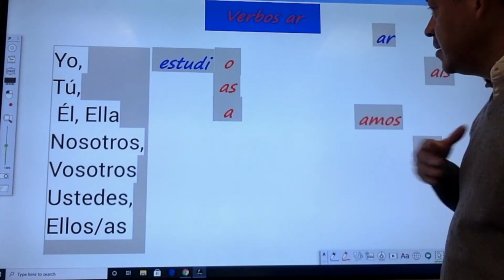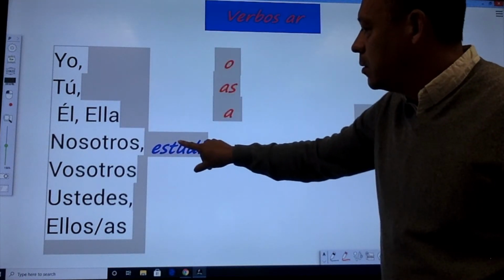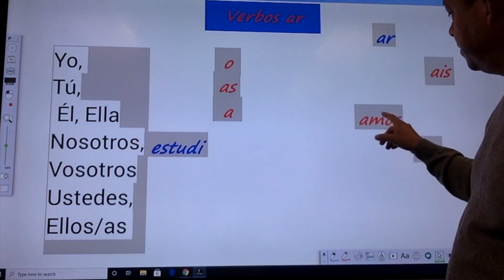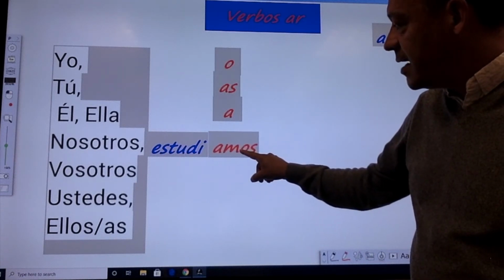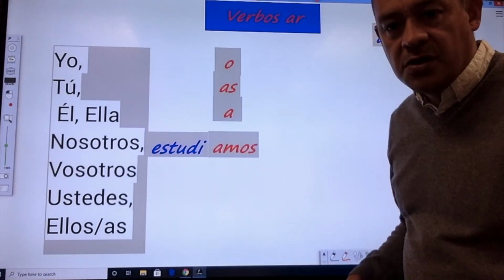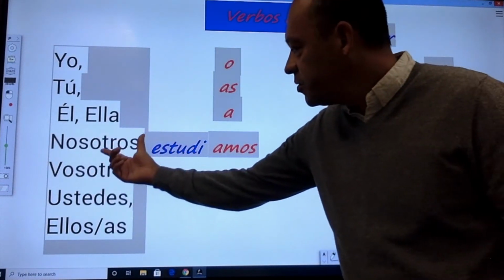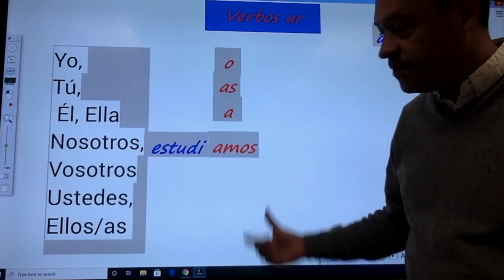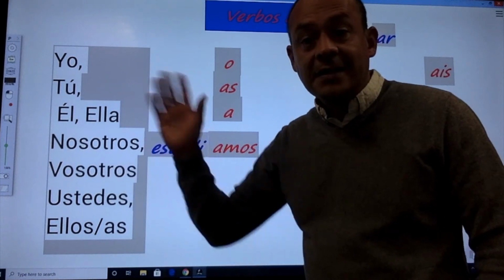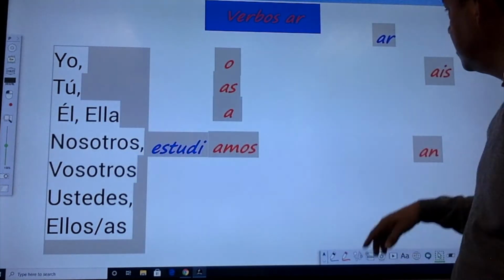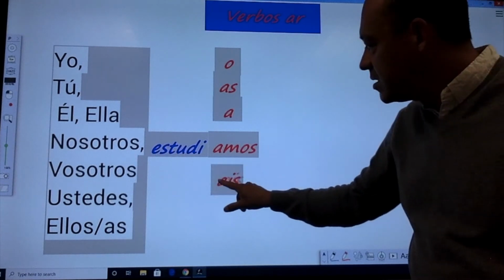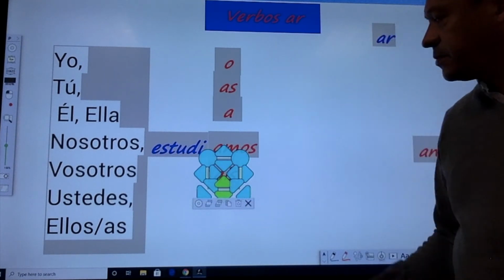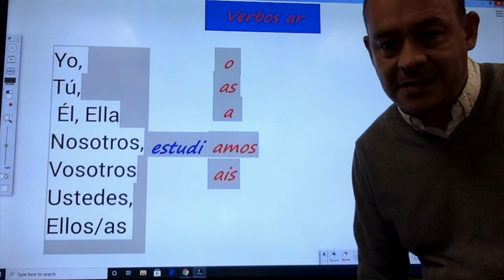Nosotros, we. Same stem. And then this is the ending for AR verbs for nosotros: amos. So we study. Nosotros estudiamos. You guys in Spain study: vosotros estudiáis.